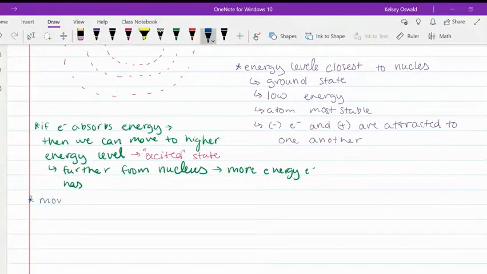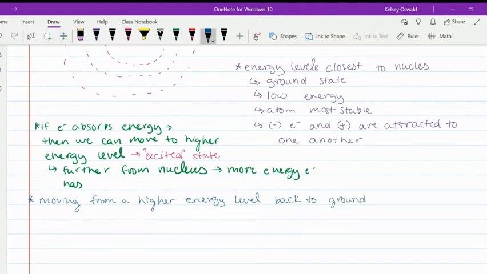So in moving from a higher energy level back to our ground state, our atom is going to release energy, and it's going to release energy in the form of colored light.